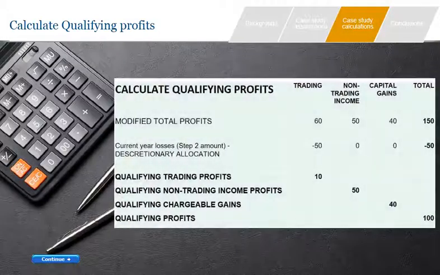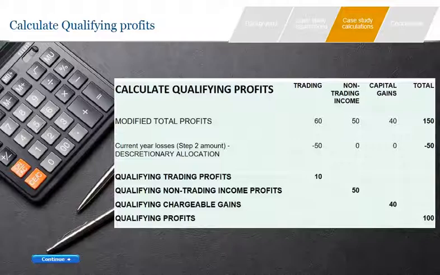In the same way that total profits sometimes understates the true amount of profits subject to the CILR, the modified total profits measure outlined on the last slide can sometimes overstate the true amount. This is because most reliefs for current year losses are deducted after the total profits measure and not before it.